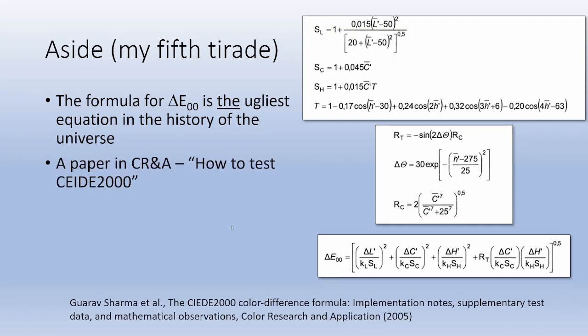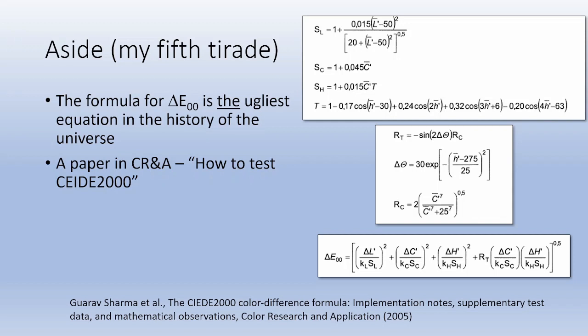This is so ugly. How ugly is it? This equation is so ugly that there was a paper in Color Research and Application that came out in 2005, 5 years after delta E 2000 was invented, describing how to test this formula. Mere programmers, mere mortals were asked to create this and put this in their software, and there were a lot of discrepancies.